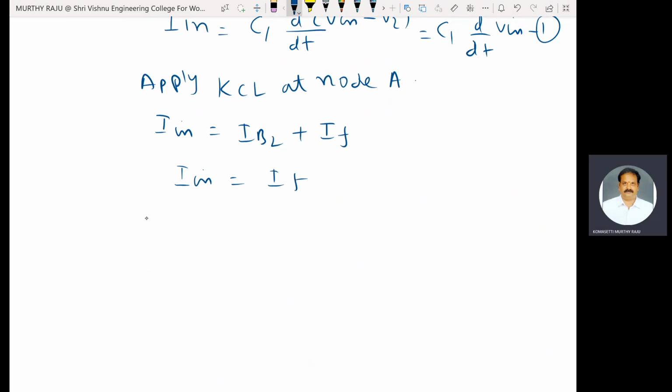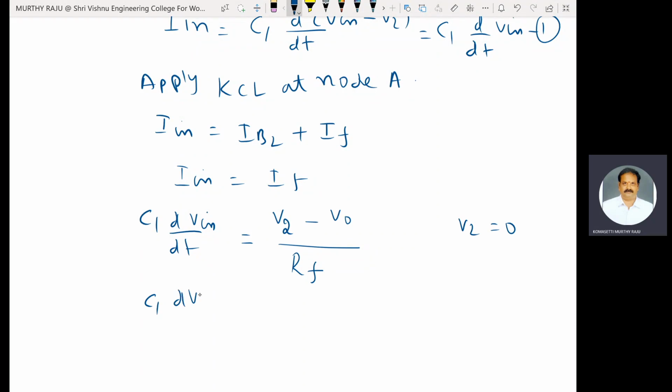We know from equation 1 that Iin is equal to C1 d by dt Vin. IF is equal to (V2 minus V0) by RF, and V2 is equal to 0.